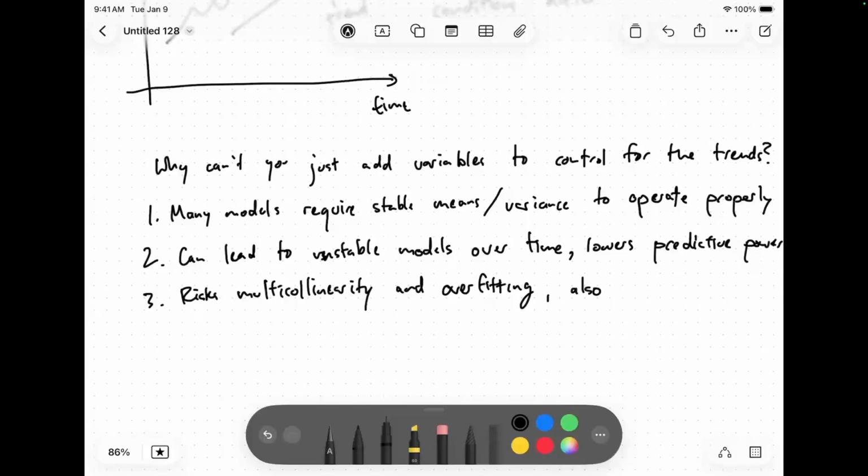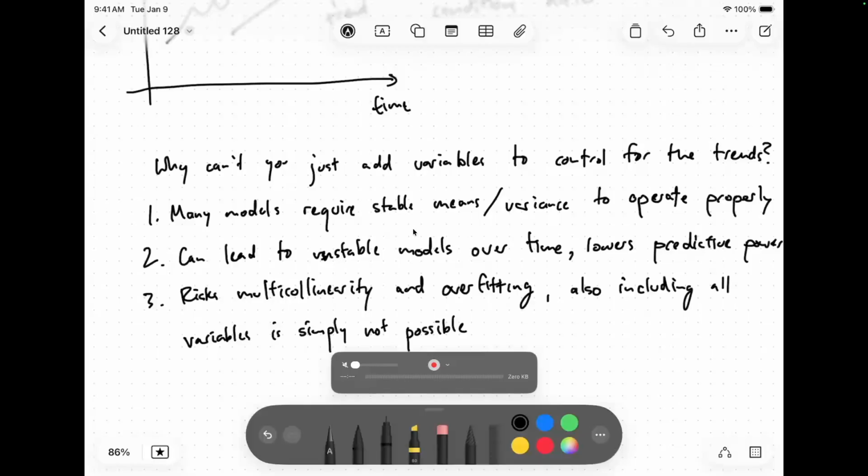And maybe including all variables is simply not possible. Okay.